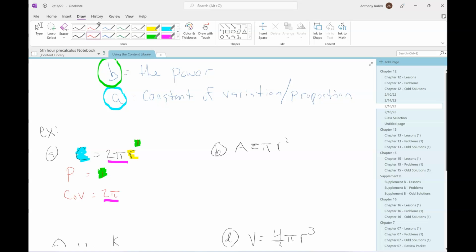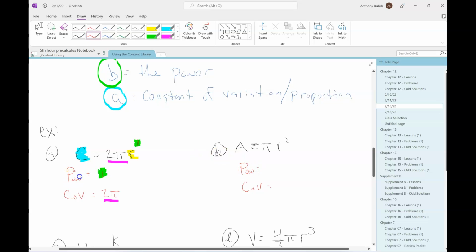Okay. Maybe I'll write pow. I think I have a P in one of these upcoming ones. So the next one is the area of a circle. We know the area of the circle varies with the square of the radius.